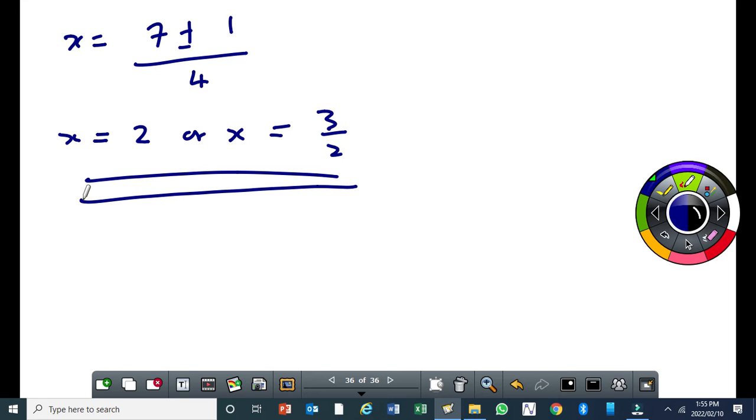So in actual fact, the quadratic formula is more like you are completing the square, but it's a shortcut way of completing the what? The square. Because the formula itself comes from completing the square. So it is just a shortcut way.